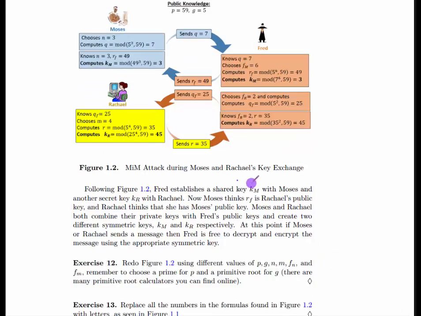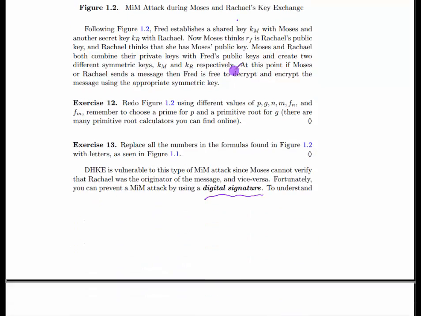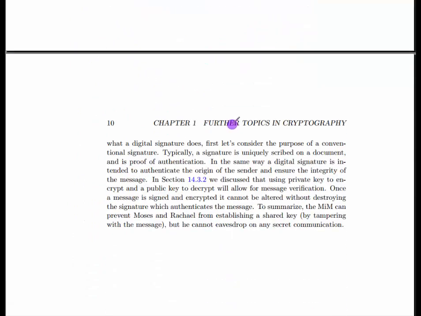So what Moses does is he doesn't just send Q, he sends Q with a signature, and he encrypts it. And if Fred tries to change Q, he ends up messing up the signature. So let me show you kind of how that works, how the digital signature is going to work.